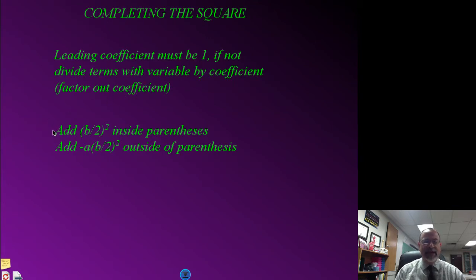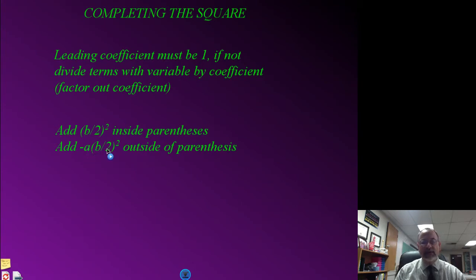We're then going to add b over 2 squared inside the parentheses, and then to balance that off, because we put something there that wasn't before and we have to keep the expression equal to what we started with, we're going to add the opposite of that on the outside of the parentheses. But I do have to multiply in the parentheses by any number that's in front. This is that coefficient that we factored out.